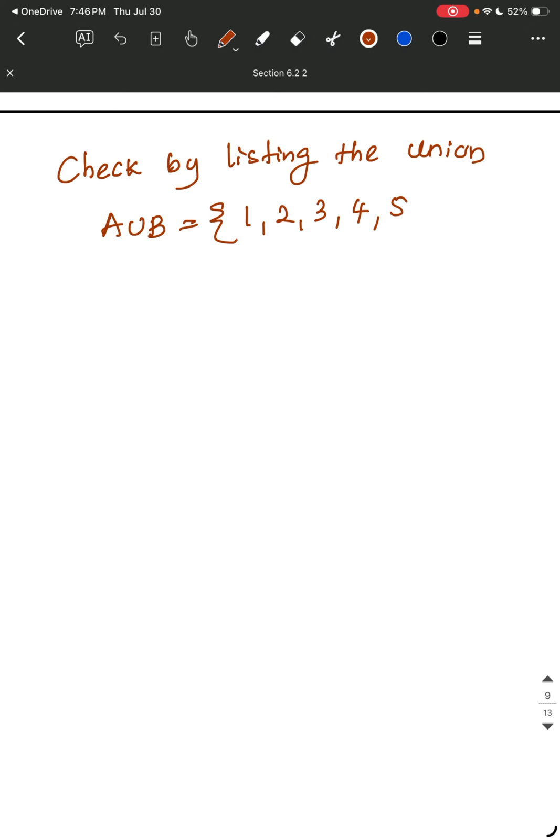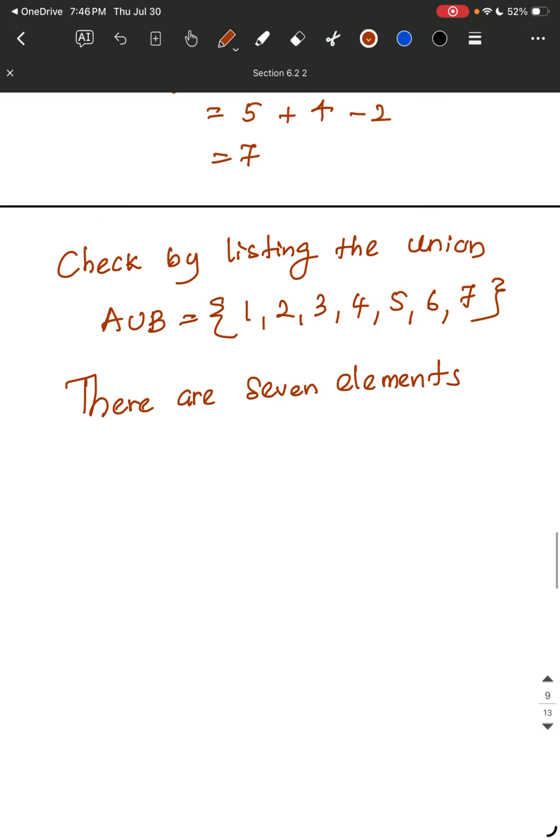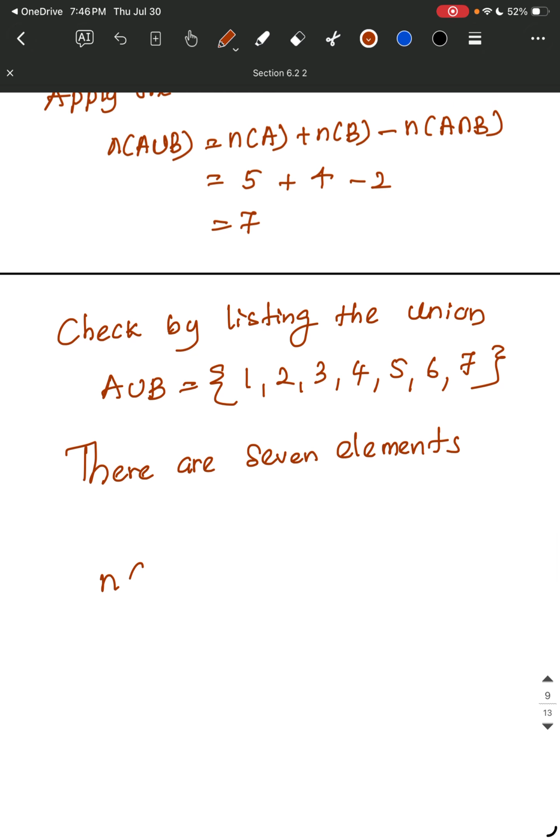How many elements? There are 7, right? There are 7 elements. So we justify the answer. The number of entries in A union B for the given example is 7.